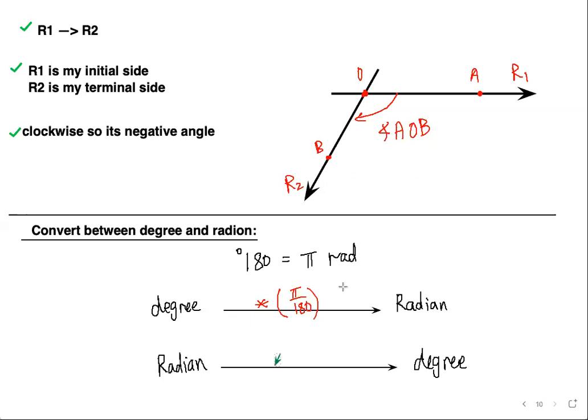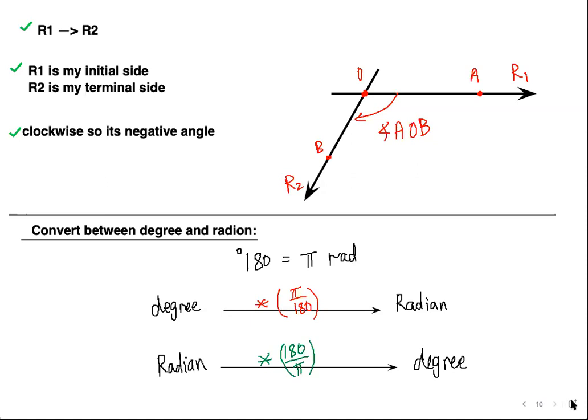It will be multiplication again. Are you going to flip it? Flip it like 180 over pi. Exactly, correct. So we multiply by the flip of this, 180 over pi. Multiply the radian by this, I will get degree. Multiply the degree by pi over 180, I will get radian.